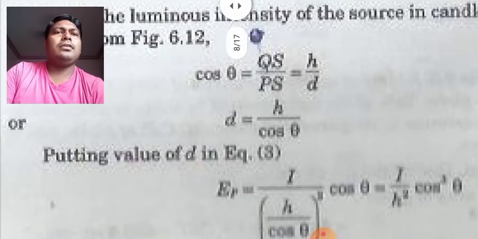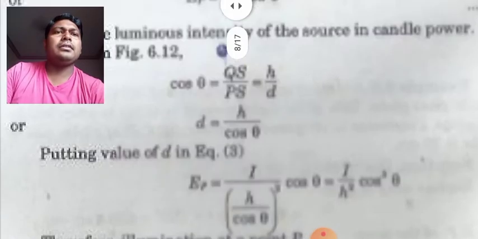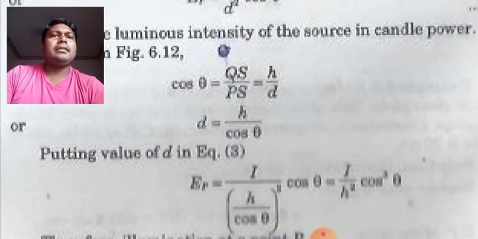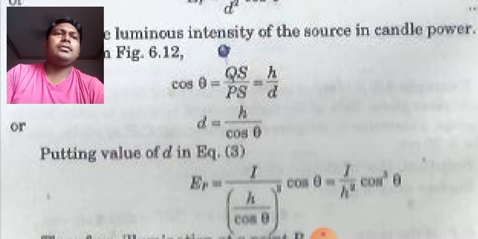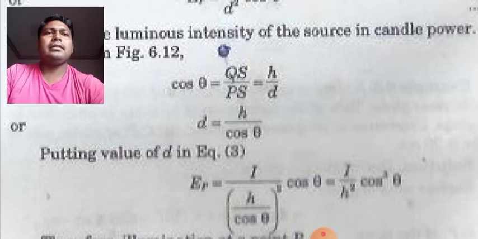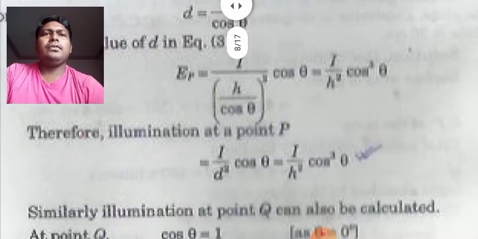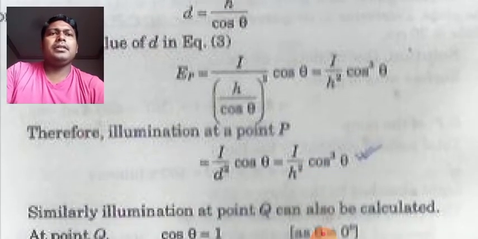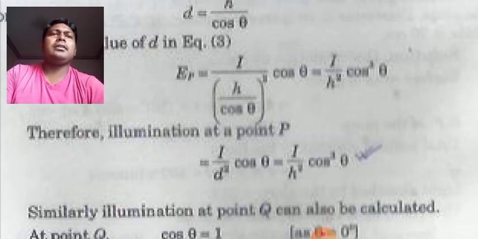Putting the value of d in equation 3, we get EP is equal to I divided by (h by cos theta) square into cos theta, which is equal to I divided by h square into cos cube theta. So illumination at a point P is equal to I by d square cos theta, which is equal to I divided by h square cos square theta.